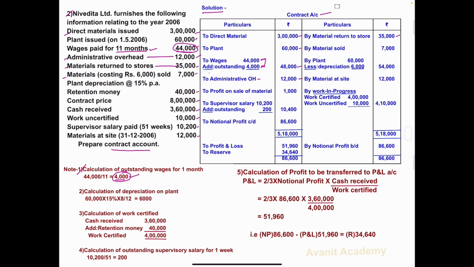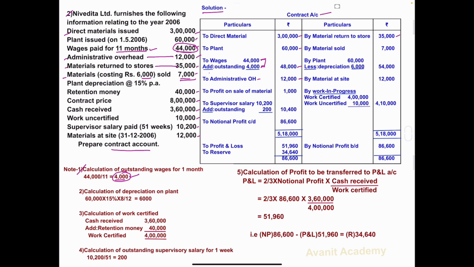Next, material costing rupees 6,000 sold for rupees 7,000. Okay, the actual value of material is 6,000, but it is sold for 7,000. So first we'll take the selling entry. By material sold. So it is sold for 7,000.